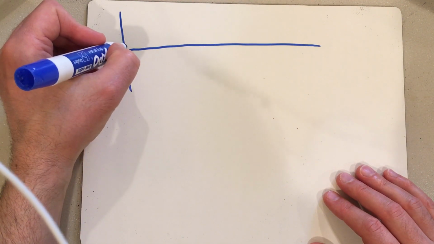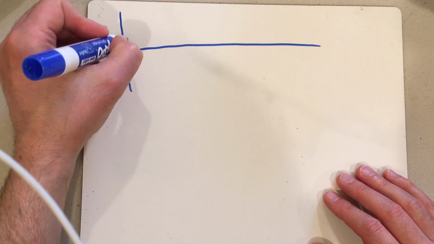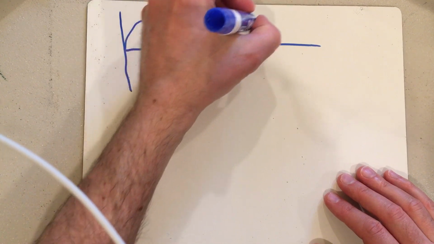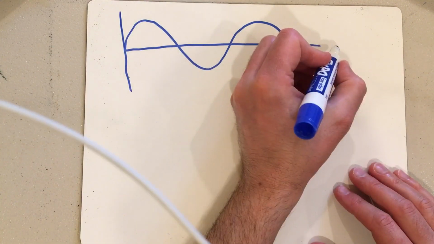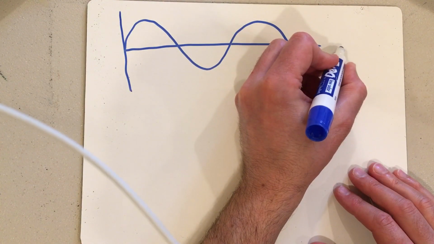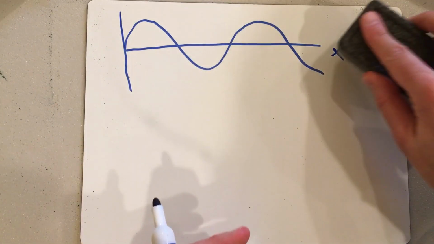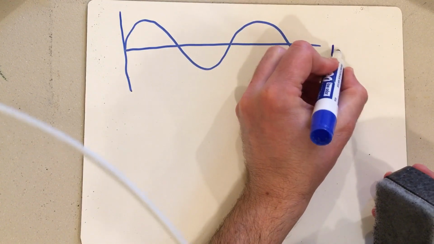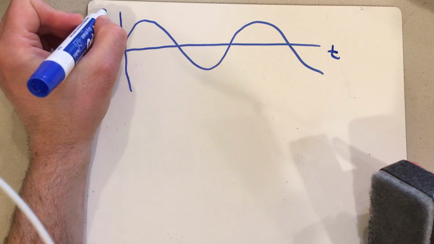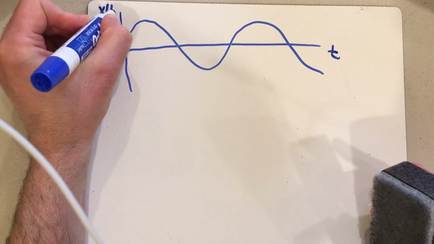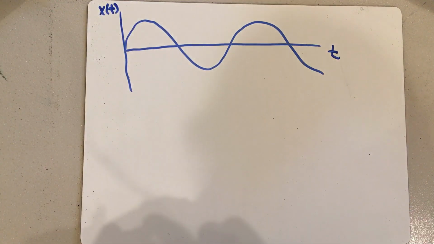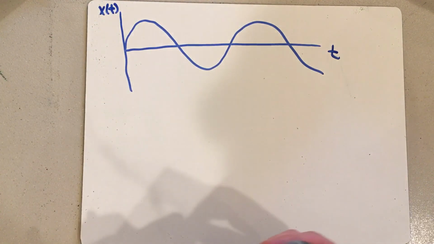And I'm going to draw one like this. And this is going to be my position graph. So this will be x, I'm messing this up. I'm sorry. This is t. This is time. And this is the x position. This is x of t up here for the vertical axis.